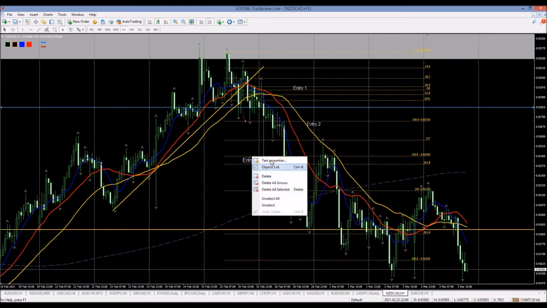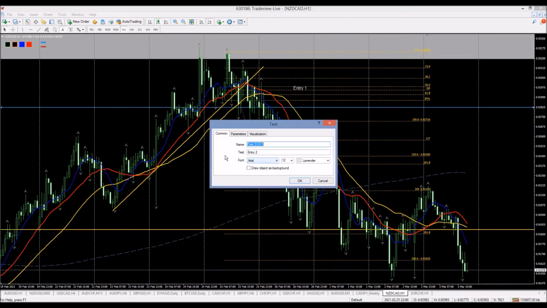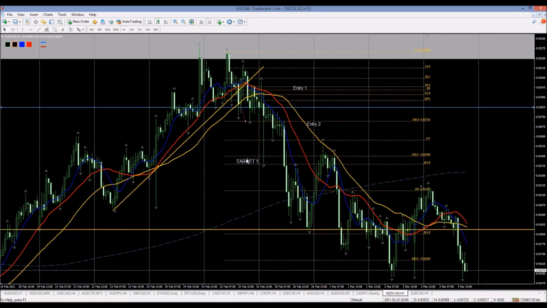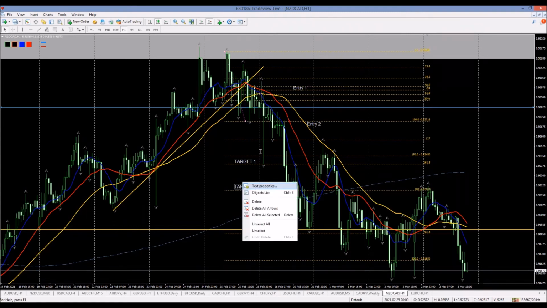Entry three, or should I say target one. The target take profit is wherever you're headed to, isn't it? That's in between there and then target 2. Okay.